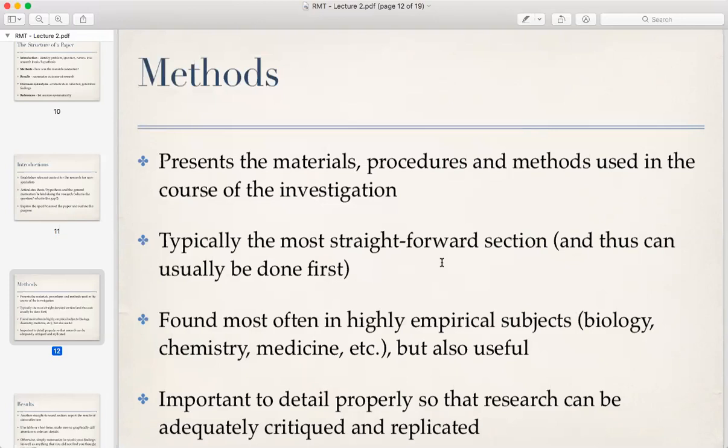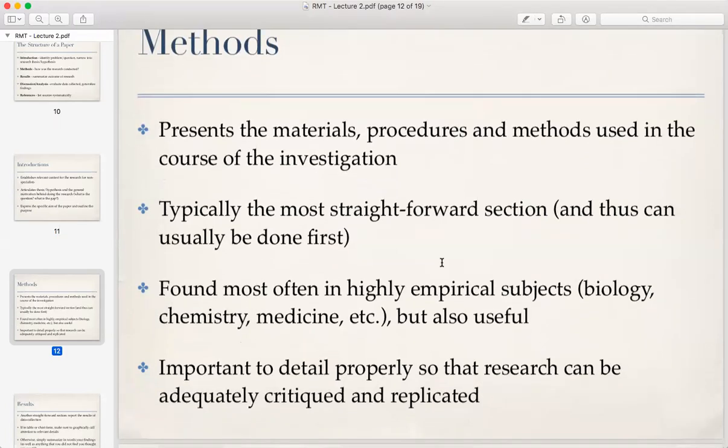But in a field like psychology, or in a more qualitative field, it might be harder to figure out what the methods are. Oftentimes they come down to either what the experiment is studying, or if you guys are doing a review of some kind, and we're going to be talking about that in another class about how to write different kinds of methodologies. But the point here that I want to make clear is that you should be detailing properly what you were doing in the entire course of the research as you were doing it. It makes it very easy to write after.